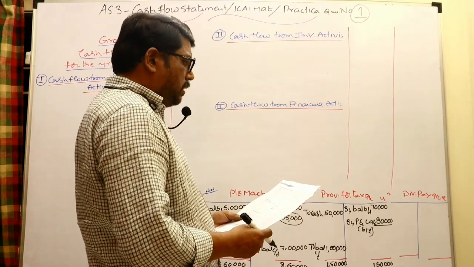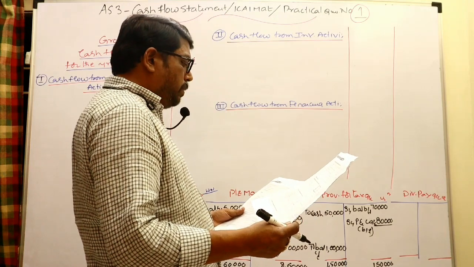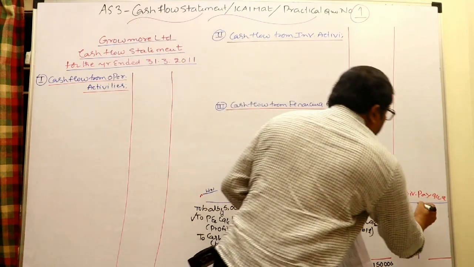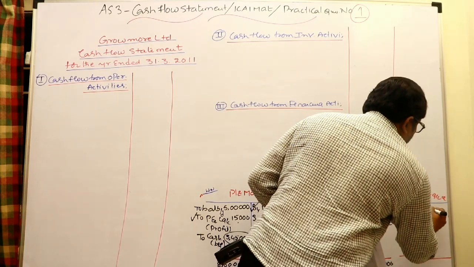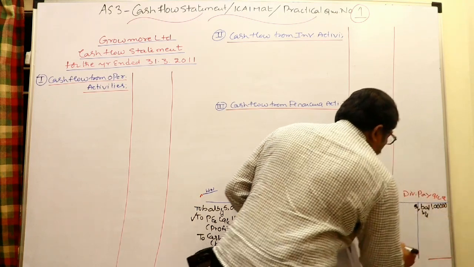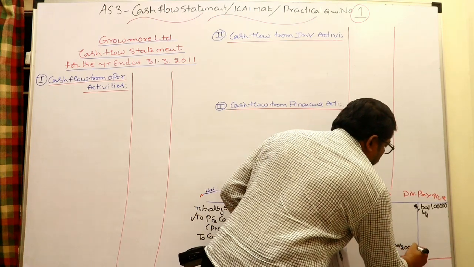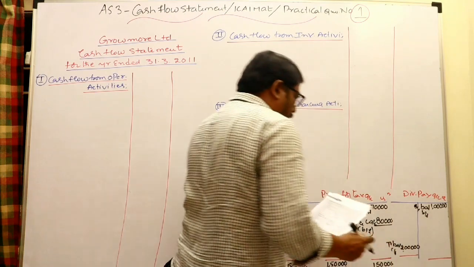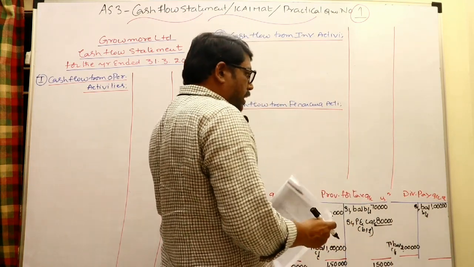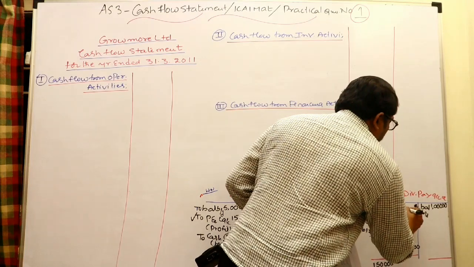Moreover, I said there is the dividend payable account, so look at how much dividend is payable. In the beginning 1 lakh, by balance brought down 1 lakh, to balance carried down 2 lakhs. I said that unless separately stated, last year's dividend payable is paid during this year, 1 lakh.